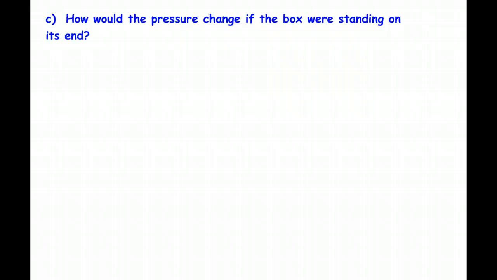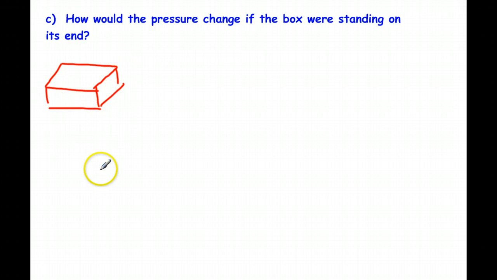Okay, and the final question: how would the pressure change if the box were just standing on its end? So we're taking the same box with its large side resting on the ground. And what they're saying is, what if it were standing on its end, one of the small ends? So now it's standing like this.